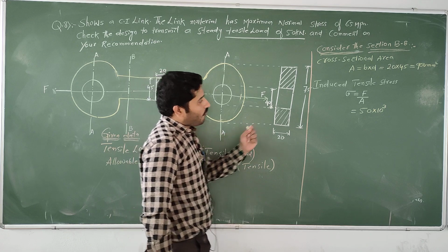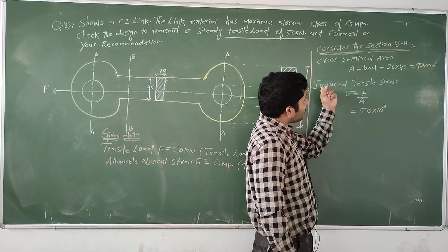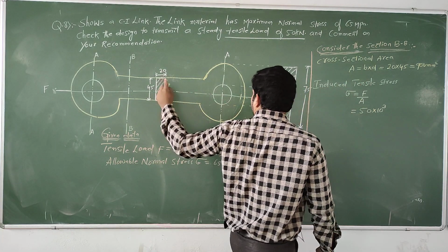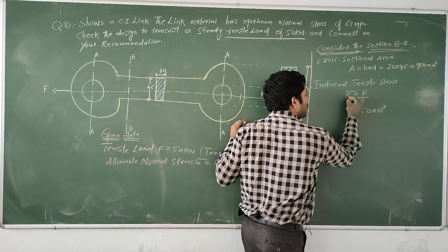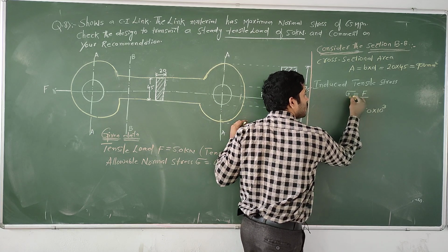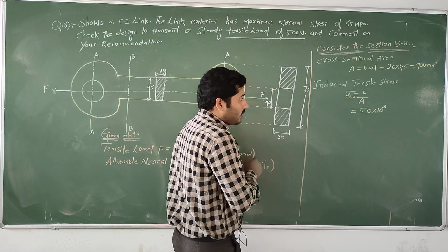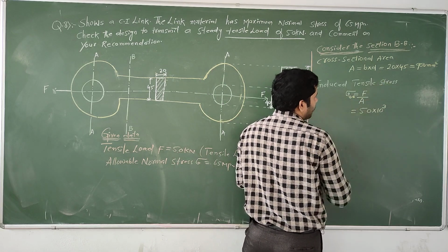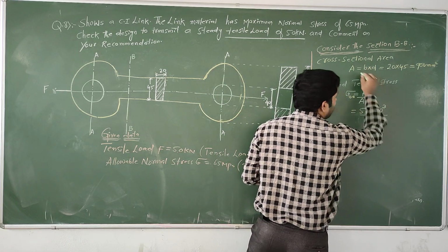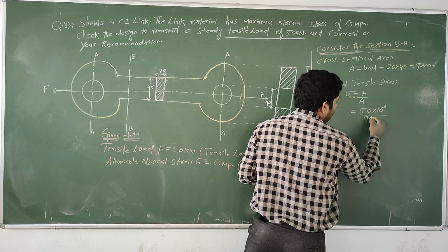But we need to find out how much stress is induced at the B section. Then the area is given as 900.